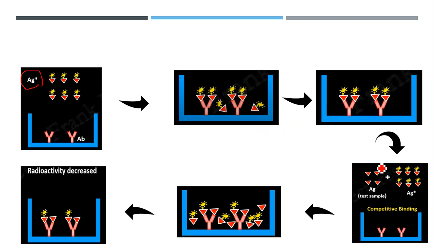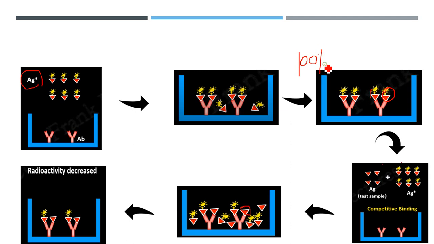Okay. Now if we add the unlabeled antigen, you can see there will occur the competitive binding between both of these. And here you can see some of your labeled antigens have been replaced by the unlabeled antigen. So what is going to happen? Radioactivity decreases. Initially there will be 100% radioactivity.